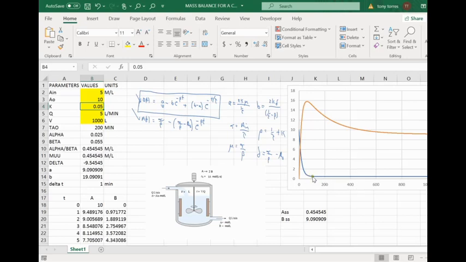I got to basically the bottom, alpha over beta, very quickly. Now B went through a maximum, close to 16, but then it dropped to a steady state value of about 9, which is shown here.